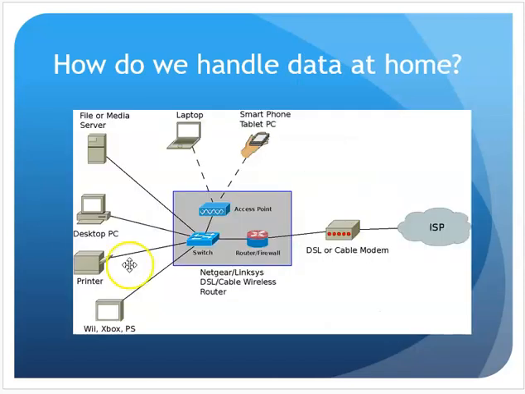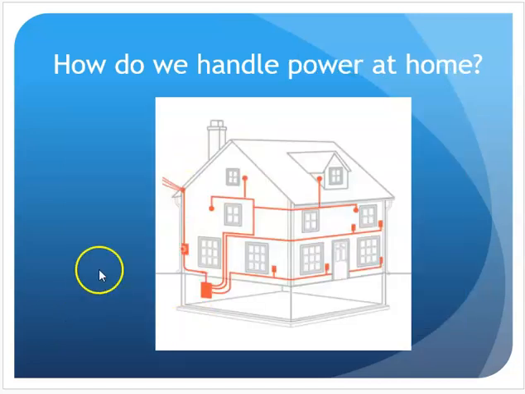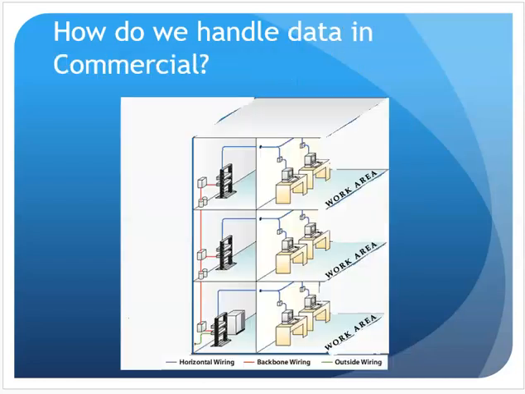So for data in my house, I have a couple patch cables that I plug my devices into, but for power, I have this built-in infrastructure. Keep those two in mind. When we move to data in a commercial building, we have many more computers than 5 or 6. We might have hundreds.